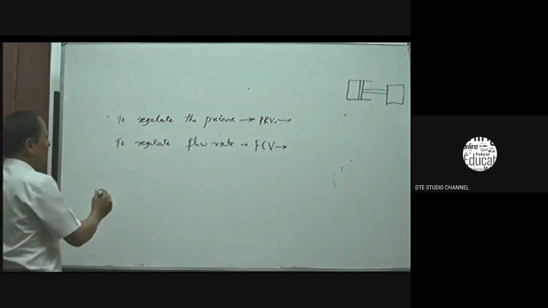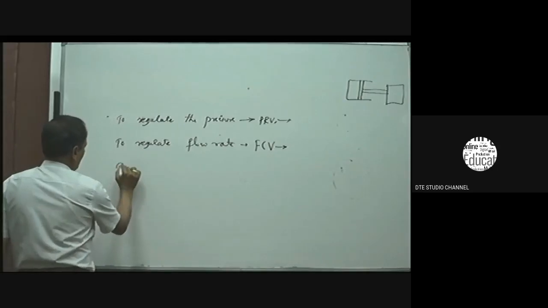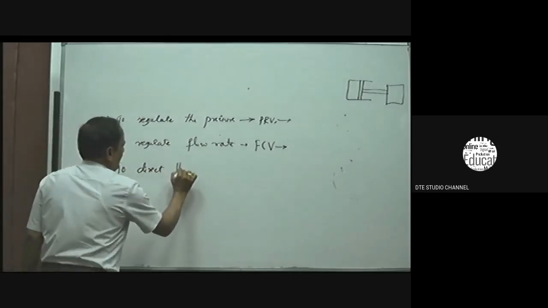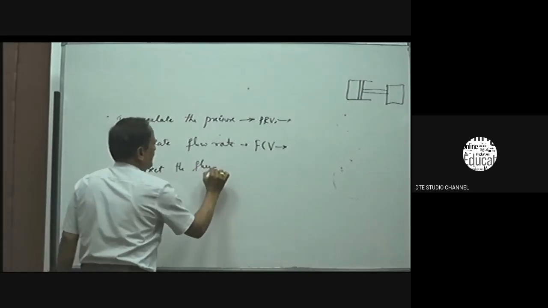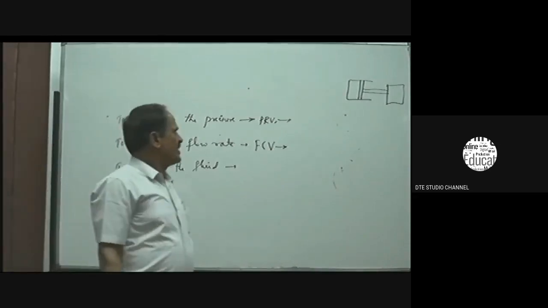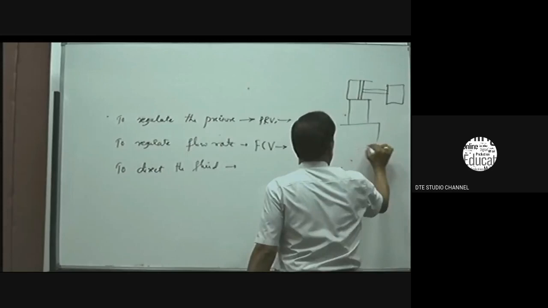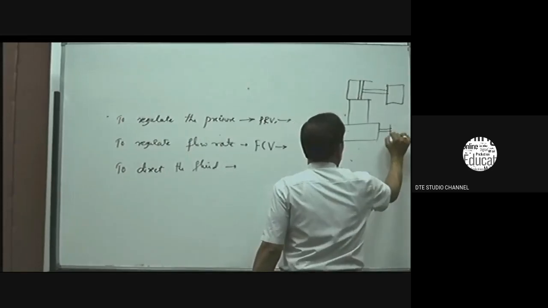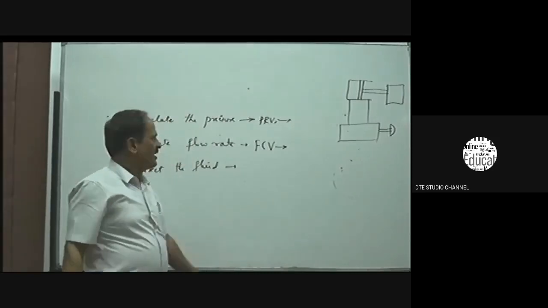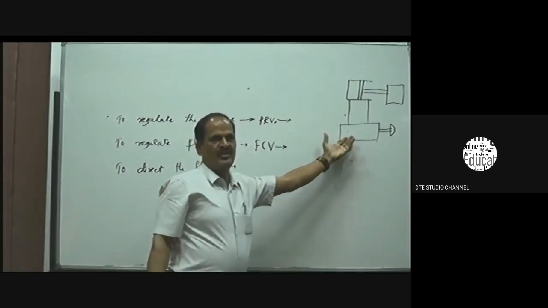Another type of control valve used in a hydraulic system is to direct the fluid into the actuator. For changing the direction of flow of fluid into the actuator, there is a DC valve, direction control valve, which is controlled by some controlling elements like push button, lever operated or solenoid operated.